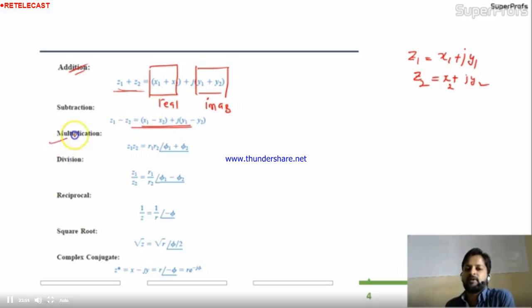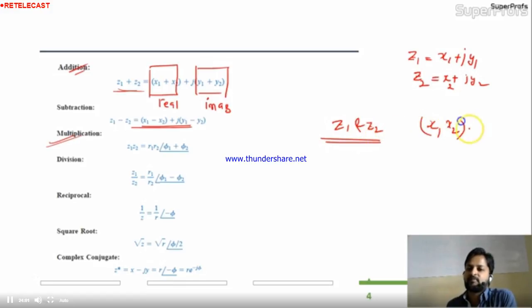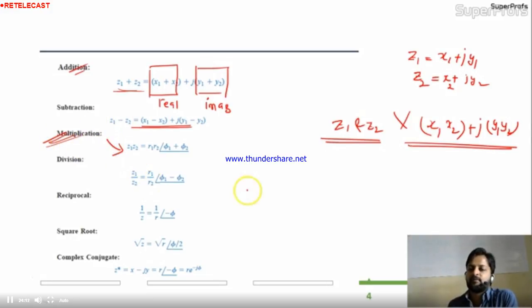What about the subtraction? The same thing. But if you are multiplying two complex numbers, z1 and z2, you can't do it like x1x2 plus j y1y2. No, this is wrong. If you want to multiply two complex numbers, you need the values in polar form.